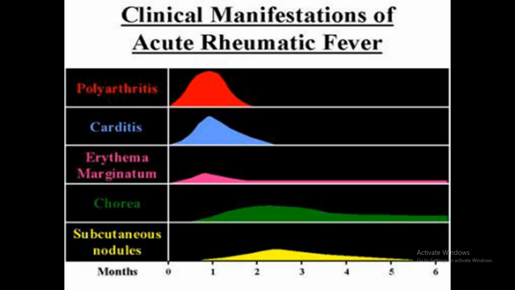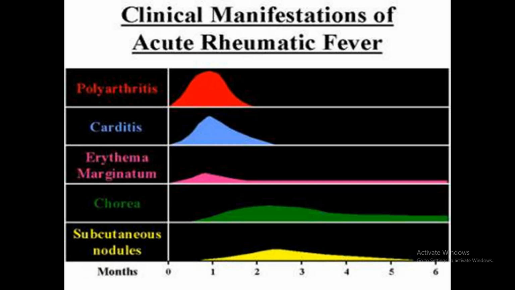So pancarditis means the 3 layers of the heart are involved. This is the only disease in the world which can cause this, except the second, acute myocardial infarction, which can cause inflammation and destruction of the 3 layers.